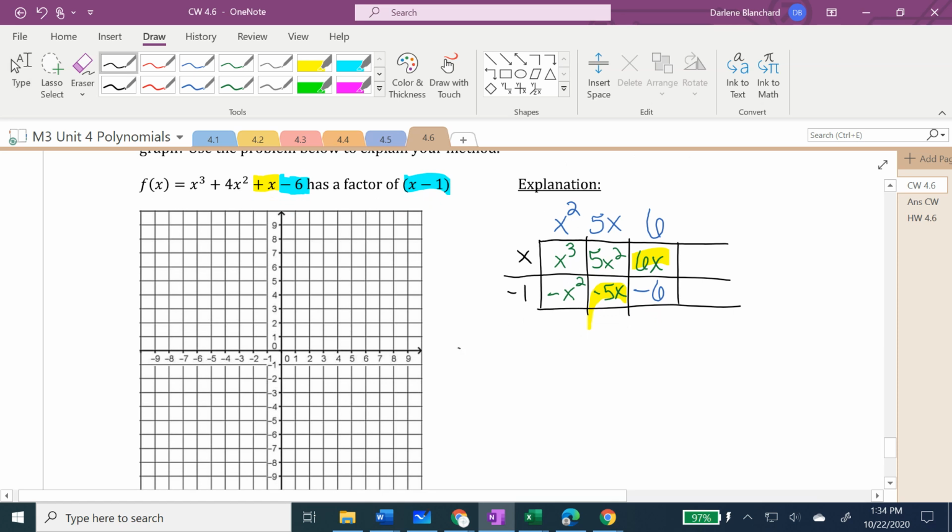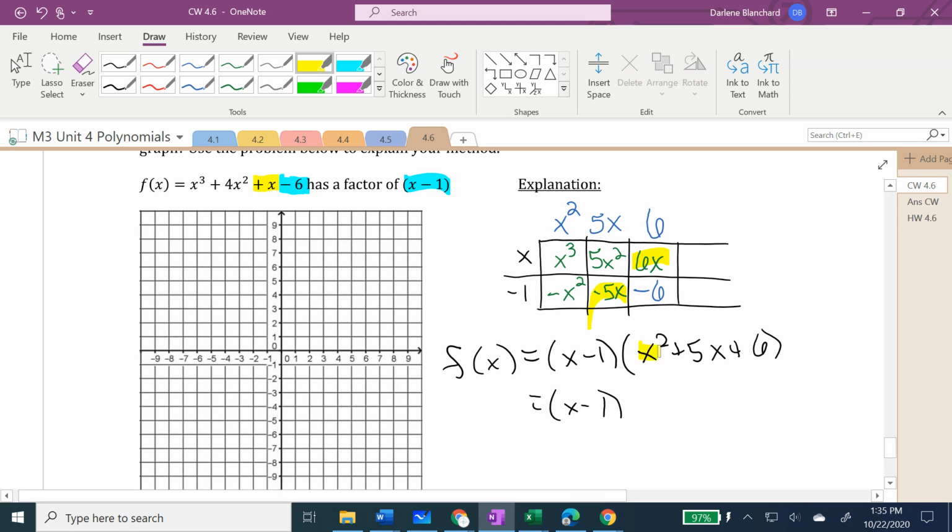Step 2, the polynomial f of x, we now know is equal to x minus 1 times the quotient x squared plus 5x plus 6. And I can factor this quadratic. What is the quadratic that I got from my quotient?